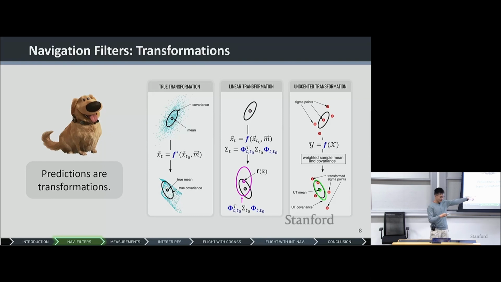The true transformation doesn't actually need to be Gaussian. It could be any distribution under the sun, but our understanding of a Gaussian distribution can be transformed. A multivariate Gaussian distribution can be expressed through your covariance matrix, and a linear transformation would be our best understanding of how, if I have a dynamic process and a linearized understanding of that process, it propagates over time.